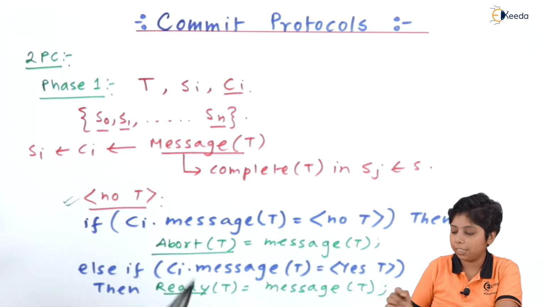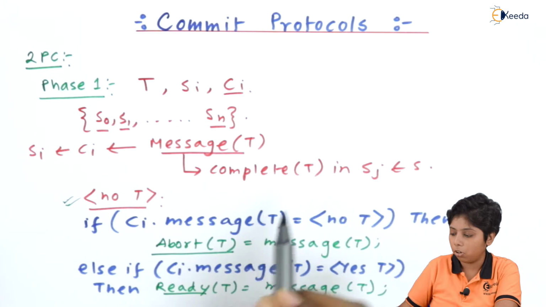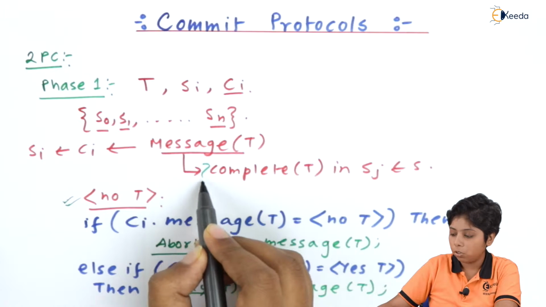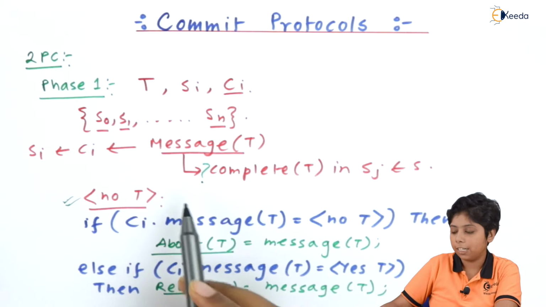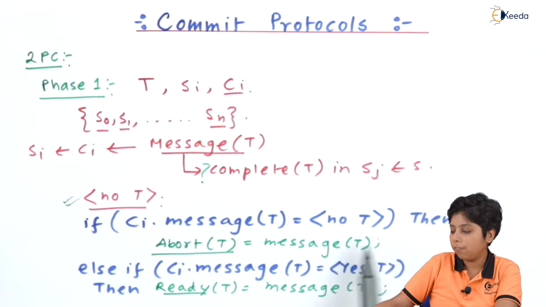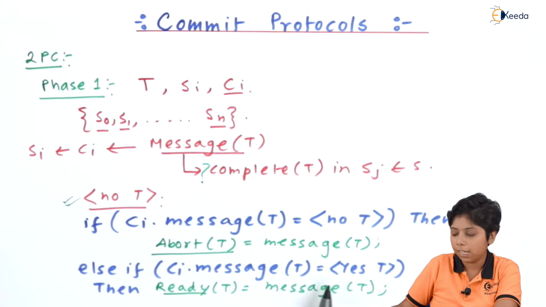The question by this message was whether the transaction is ready to complete or not, complete T. If we put a question mark here, the answer will be no or yes. With no, it will get abort T, and with yes, it will get ready T.